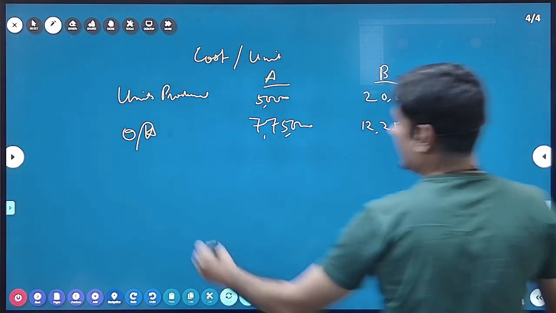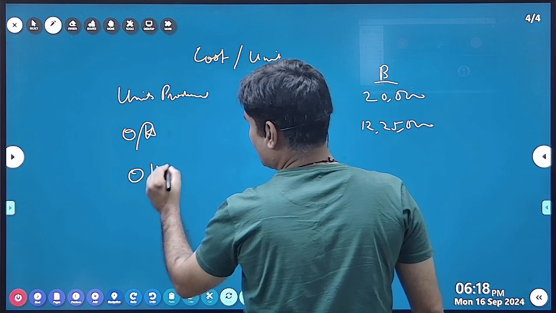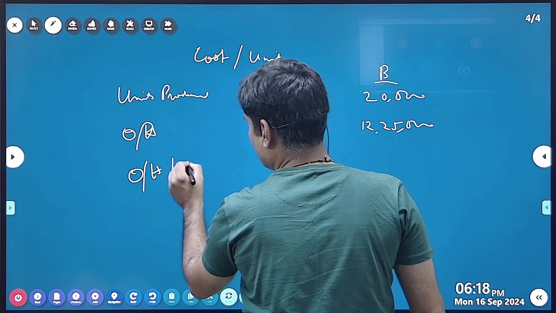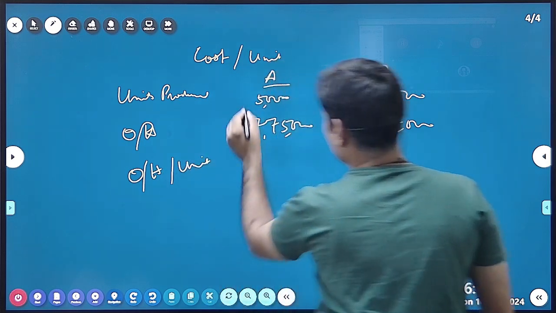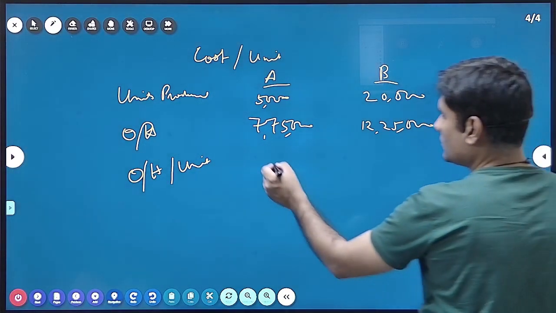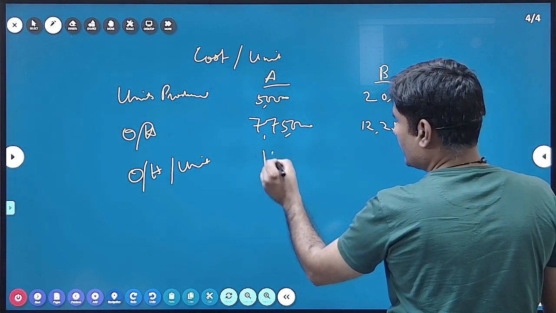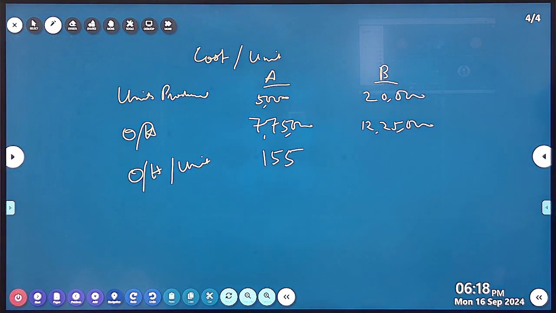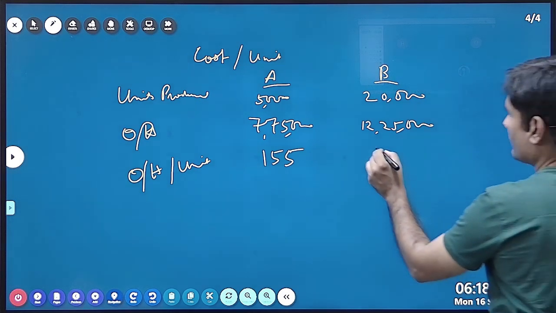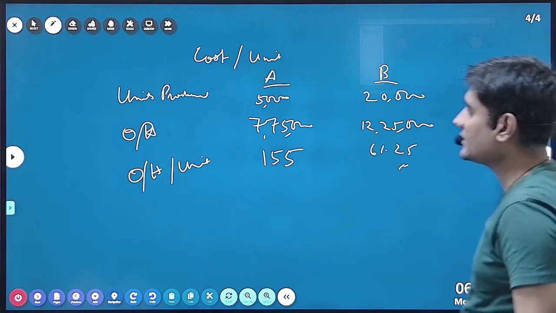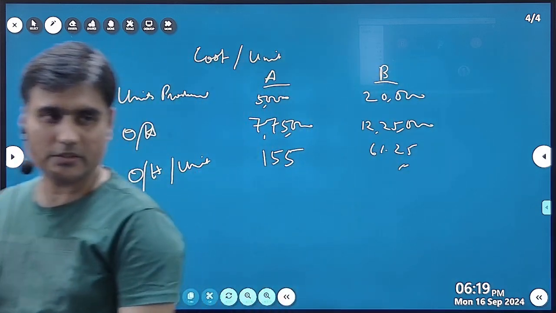So overhead per unit will be how much? 7,75,000 divided by 5,000, how much? 155. And for this one, 61.25. So this is the same way we had done our earlier questions.